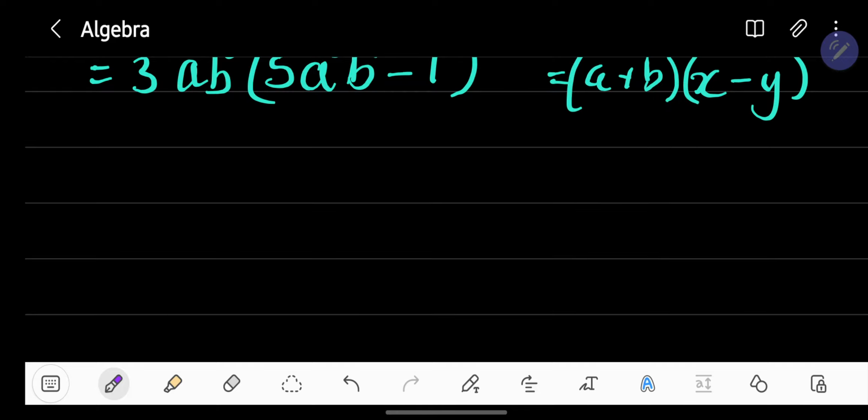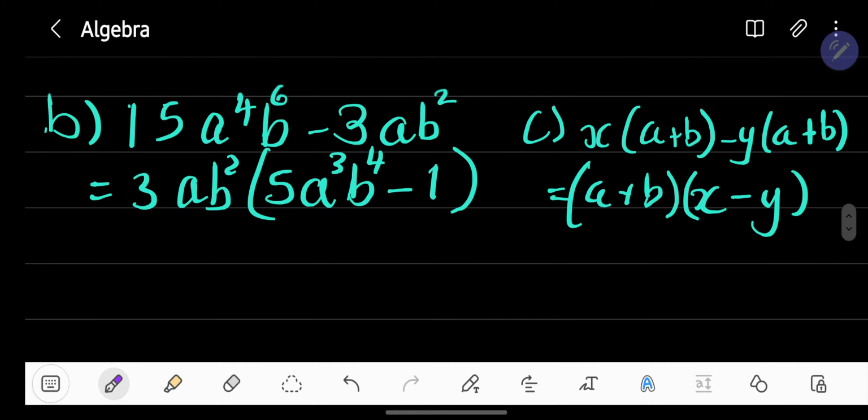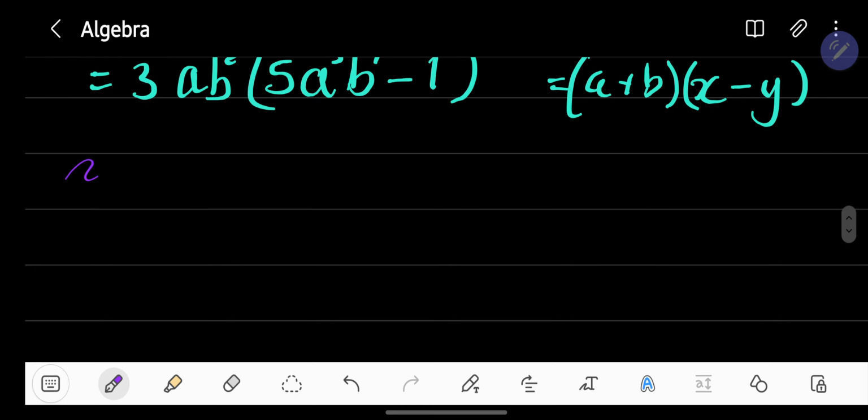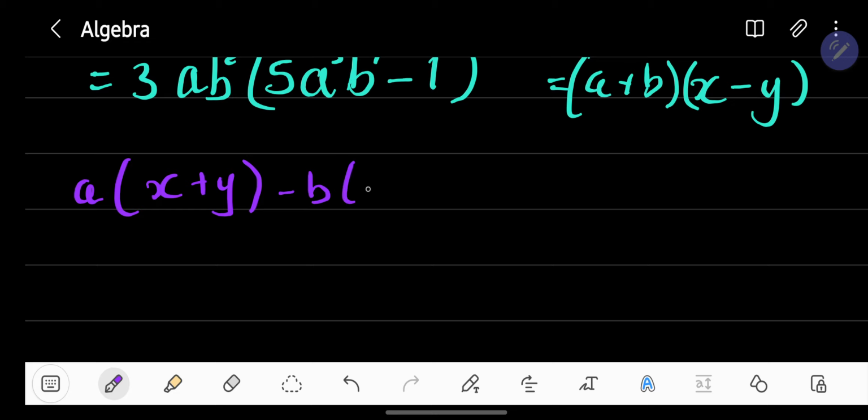Let's say that if you were to have a into x plus y, minus b into x plus y. If you are being asked to factorize this, you can see that x plus y is common.